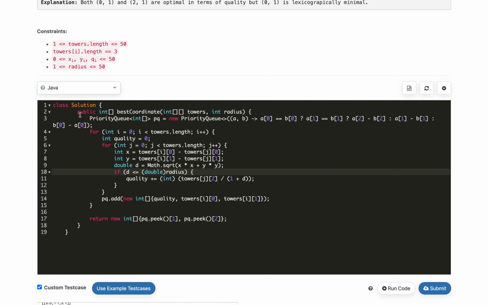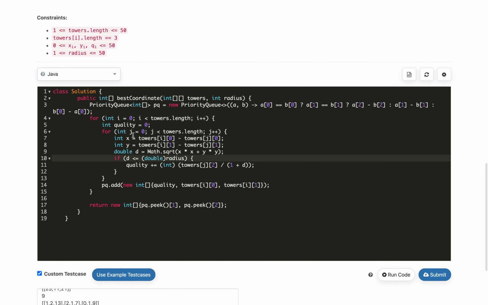Here is the code. I did this and it got accepted in the current running contest. So this is the priority queue. If there are two pairs, a and b, then we first compare the quality. If both have the same quality, then we check their x coordinate, which I am storing at index 1.